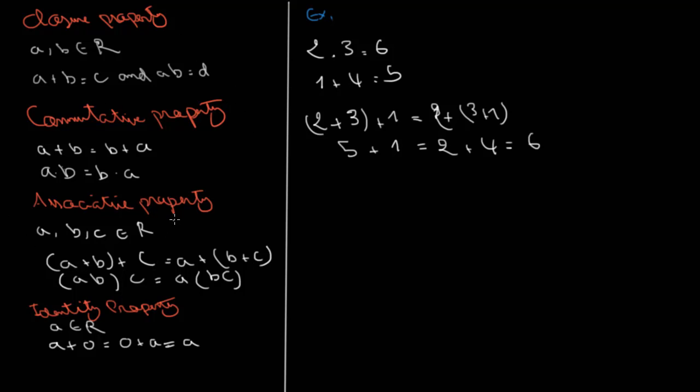Let me just, I don't know if I should move here. I guess it's better to have more space. So the identity property for multiplication is a little bit different, but I guess you can guess the principle as of now.